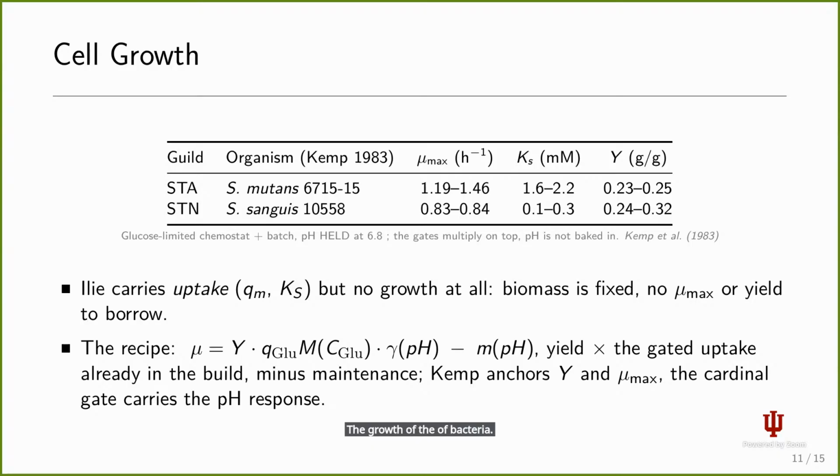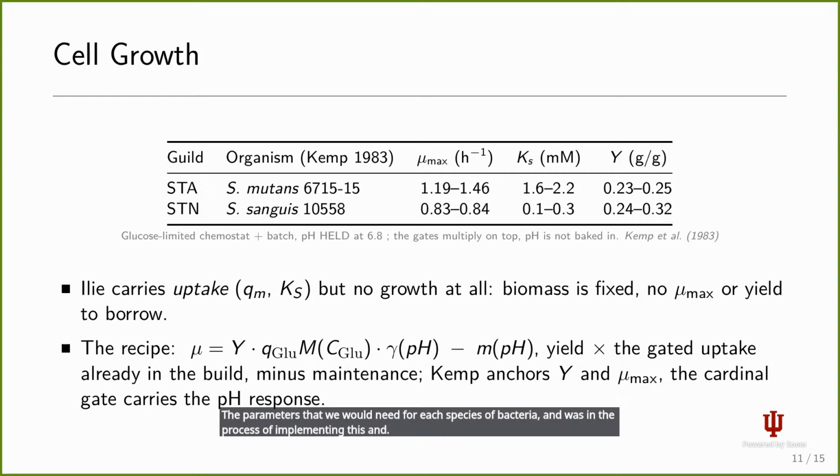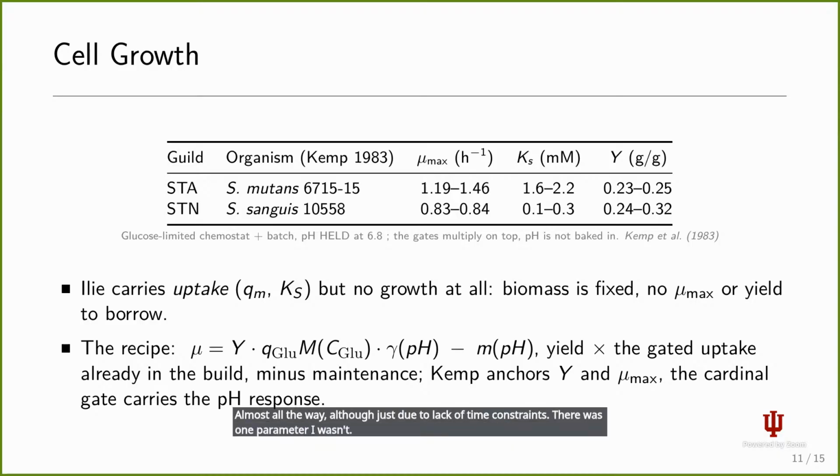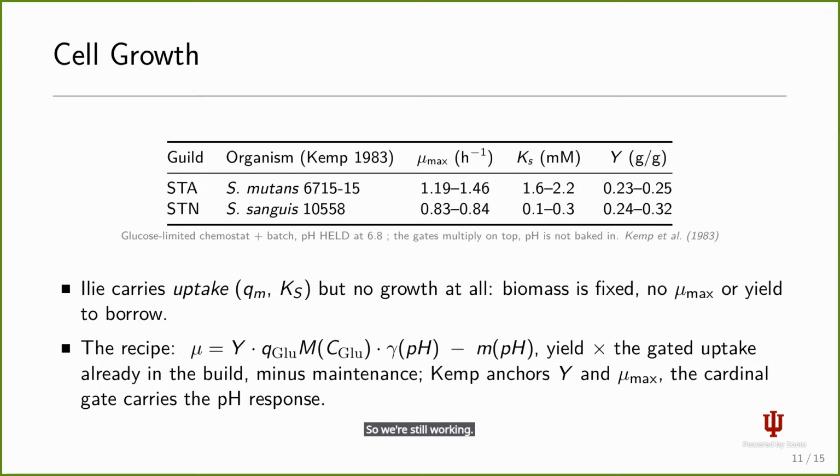So I found the parameters that we would need for each species of bacteria, and was in the process of implementing this. And I got almost all the way, although just due to time constraints, there was one parameter I wasn't able to determine. So we're still working on the cell growth as of right now.